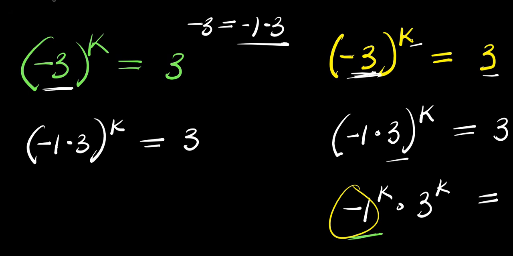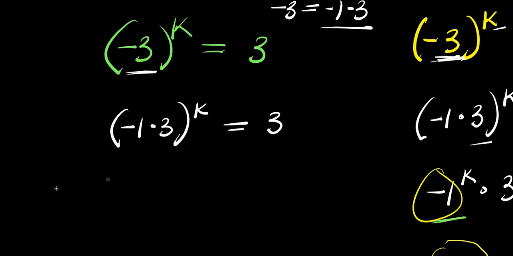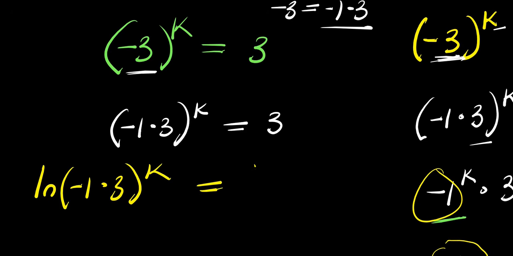Then I can apply natural log. That means I'm going to have natural log of (-1 times 3), or let me make use of log. You can make use of log or natural log depending on the one you want to use. Okay, let's make use of natural log, equals natural log of 3.